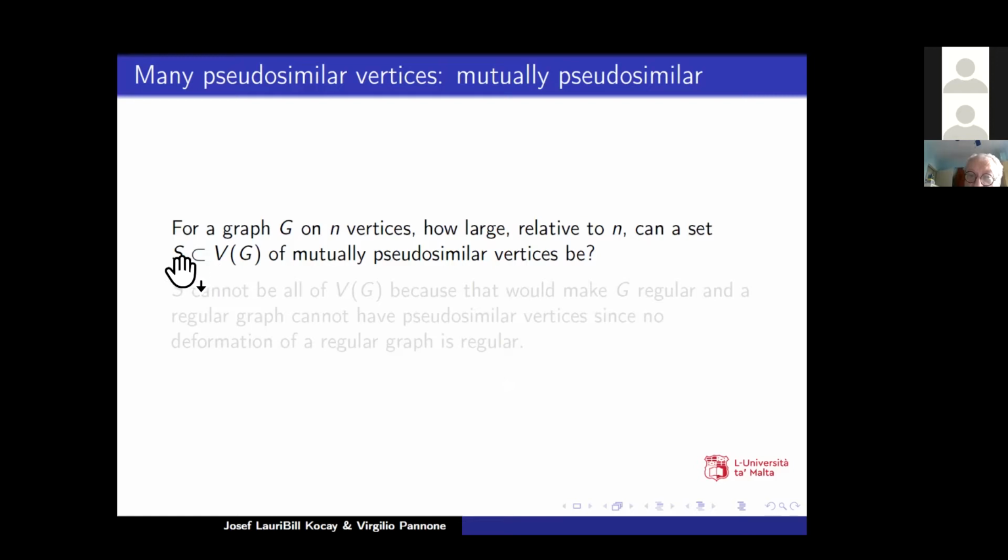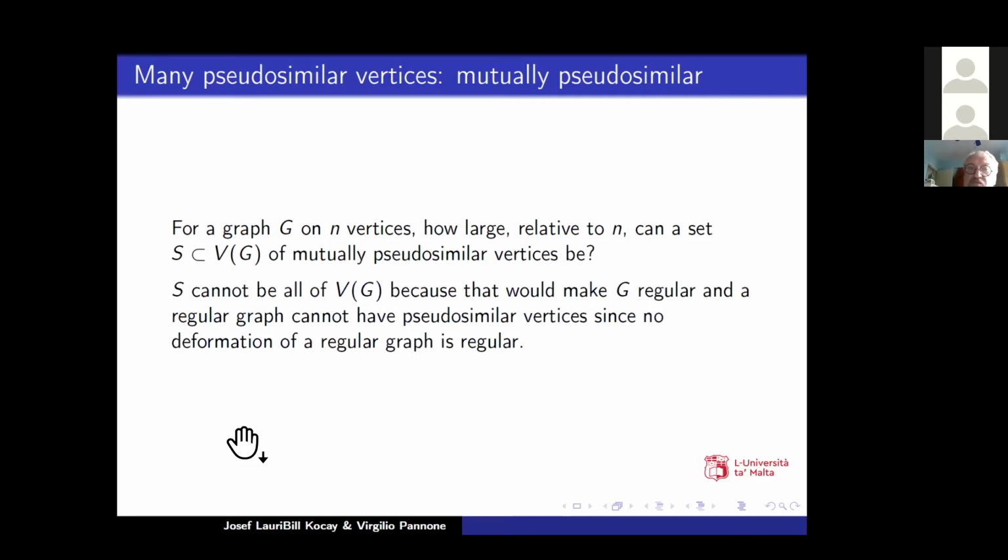By mutually pseudosimilar, I mean not only that removing any two vertices will give the same cards, but no two vertices in S are in the same orbit. S cannot be all of VG. Why? Because that would make G regular. And a regular graph cannot have pseudosimilarity. Why?